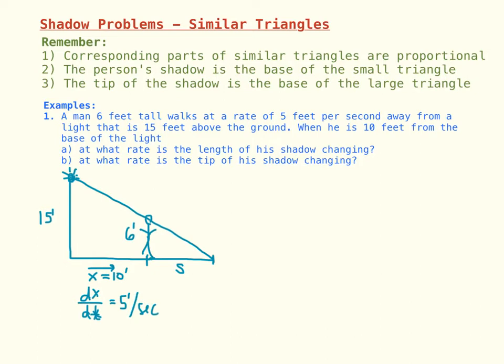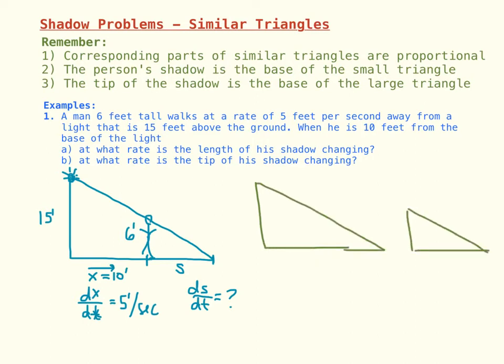Then the question is, at what rate is the length of his shadow changing? Hopefully we recognize, and we talked about, that this is the shadow, so what it wants to know is ds dt. That's our unknown. At this point, it might be helpful to draw this out as two different triangles, one our big triangle, and one the smaller triangle.